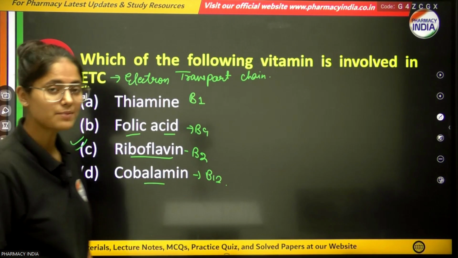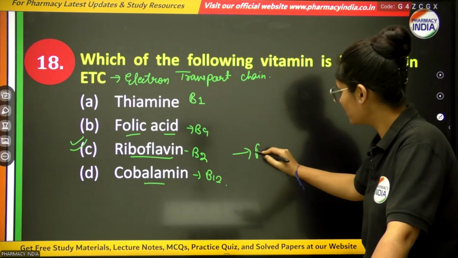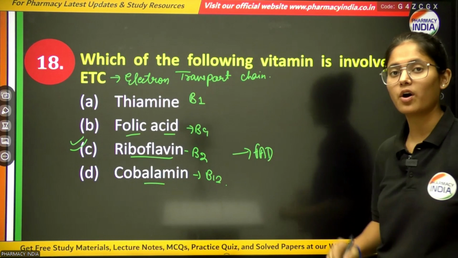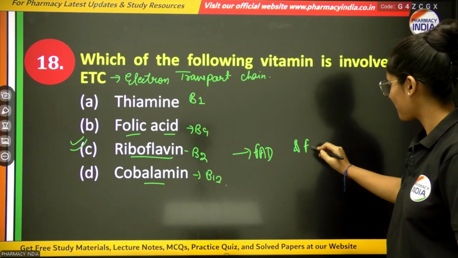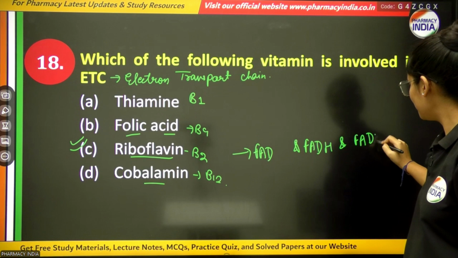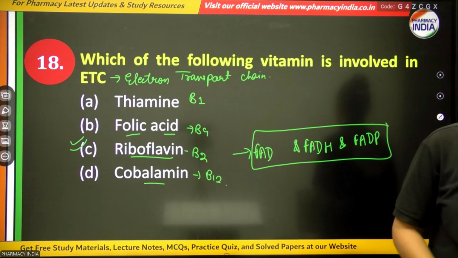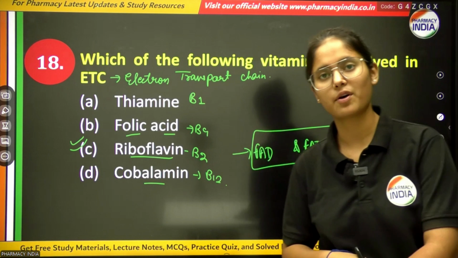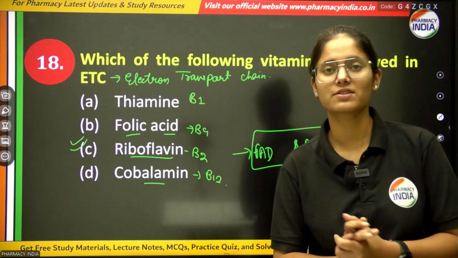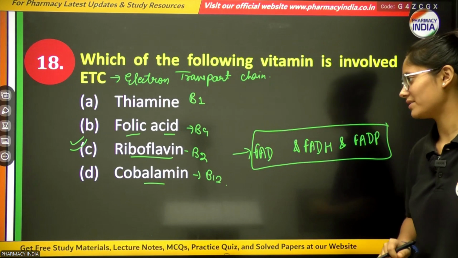But how? Riboflavin forms coenzymes, which are known as FAD or FADH2. These are the coenzymes involved in the electron transport chain, and they are formed with the help of vitamin B2, also known as riboflavin. So the correct option will be C, riboflavin.